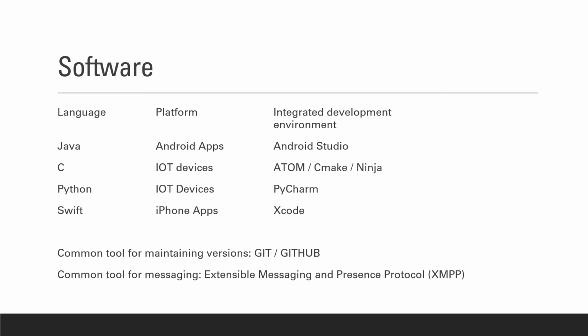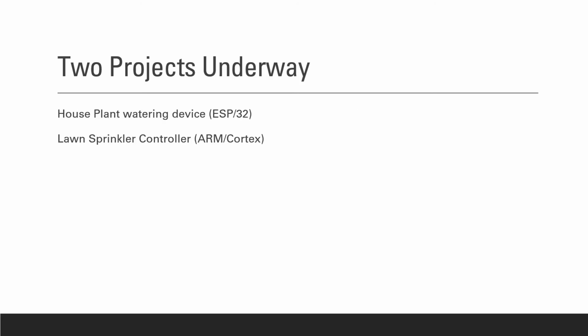There will be a common tool for maintaining the software versions, and you'll be able to get all the code from GitHub. We'll be going into quite a bit of detail, but there's a common tool that we'll use for all communication, and this is the XMPP, which has been in use for quite a while, starting with Java.